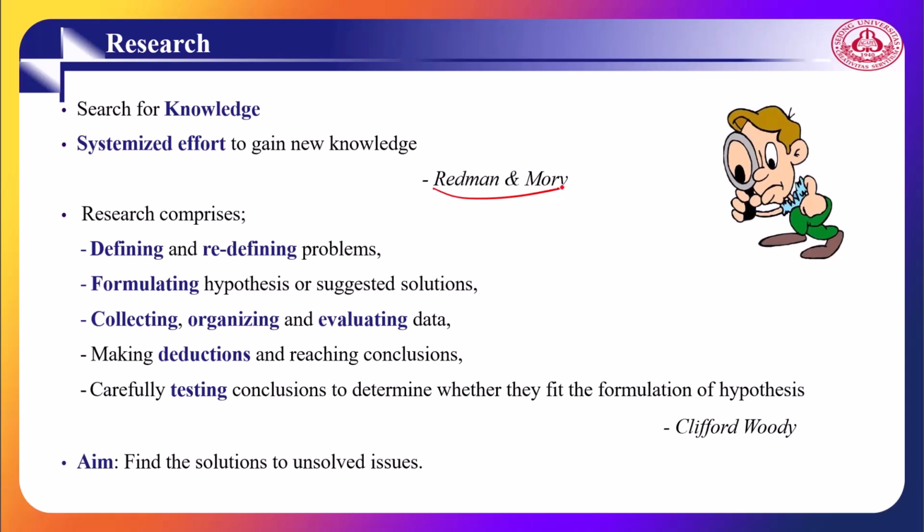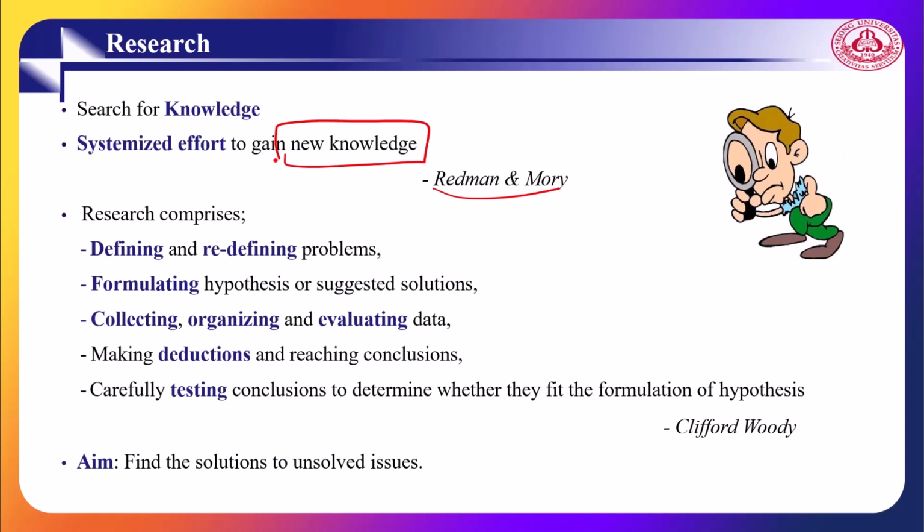According to Redman and Mory, research is defined as the systematic effort to gain new knowledge. In other words, research is meant to increase the knowledge about people, about environment, about animals, about systems, processes, and many other things, right?